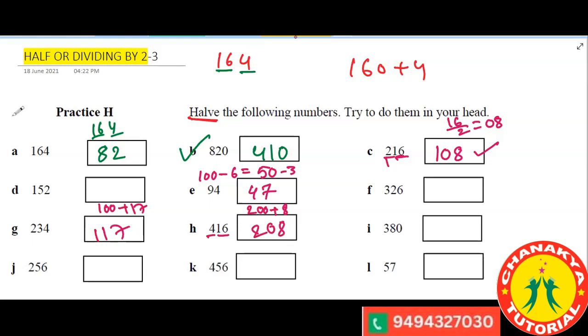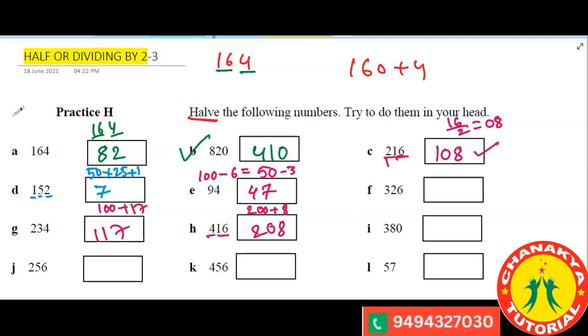Sri Lakshya, select yours. Sir, D. Okay. So it is 100 plus 50 plus 2, and 50 plus 25 plus 1. Which is 75. 50 plus 25 is how much? Oh yeah, 75.